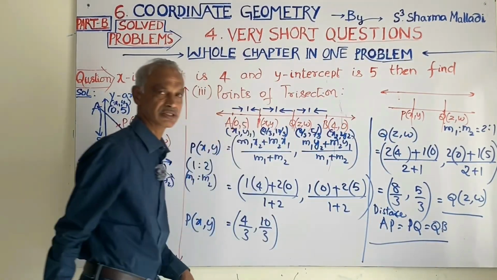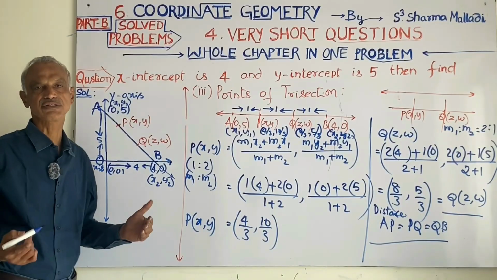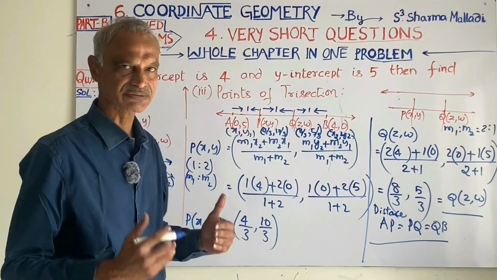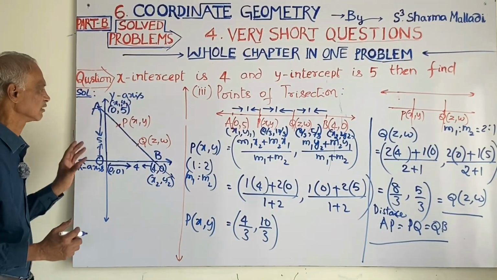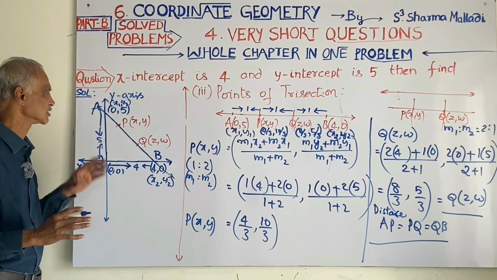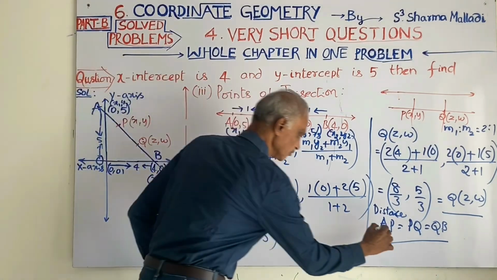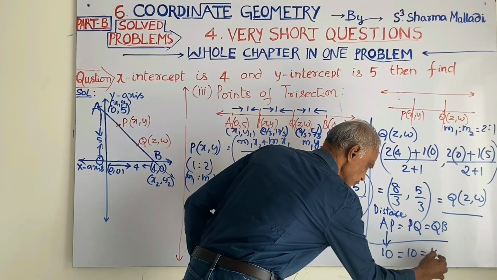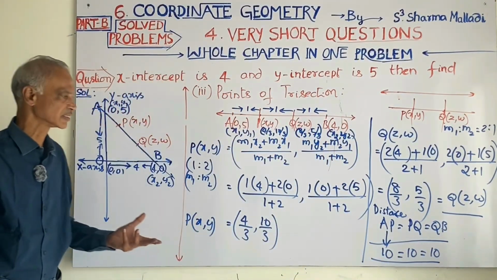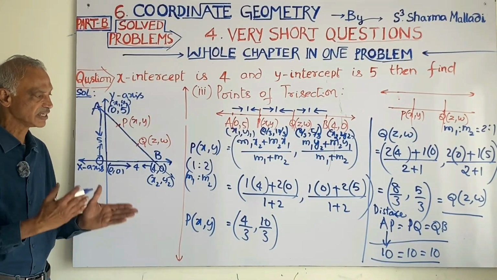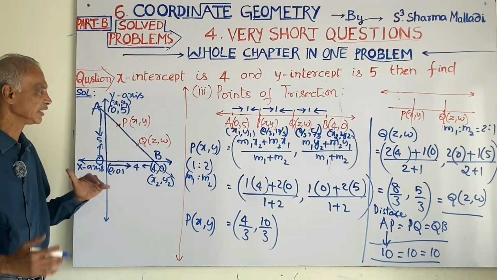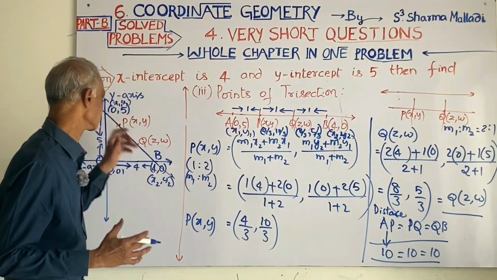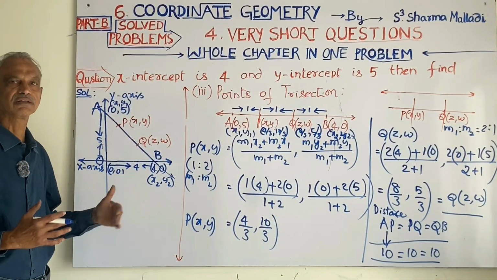You can check by using the distance formula: root of (x2 minus x1) whole square plus (y2 minus y1) whole square. If this distance is 10, this must be 10 and also this must be 10 units. You will get the ratio 1:1:1. Like that you can check whether our answer is true or false by finding the distance between 2 points.